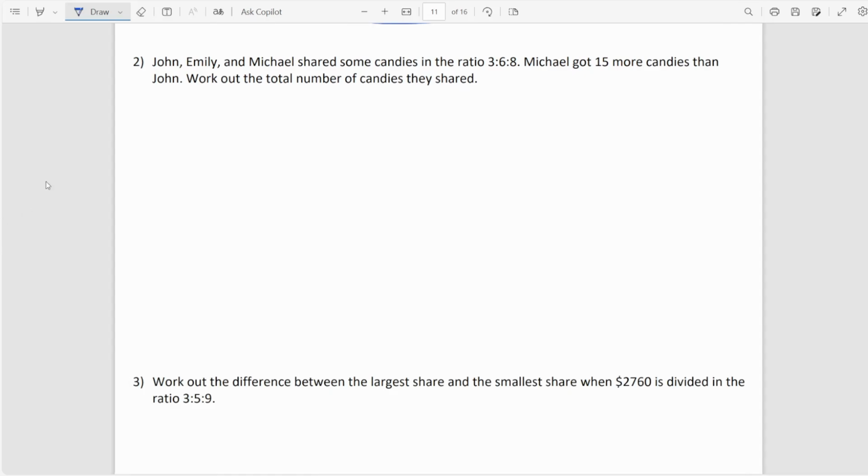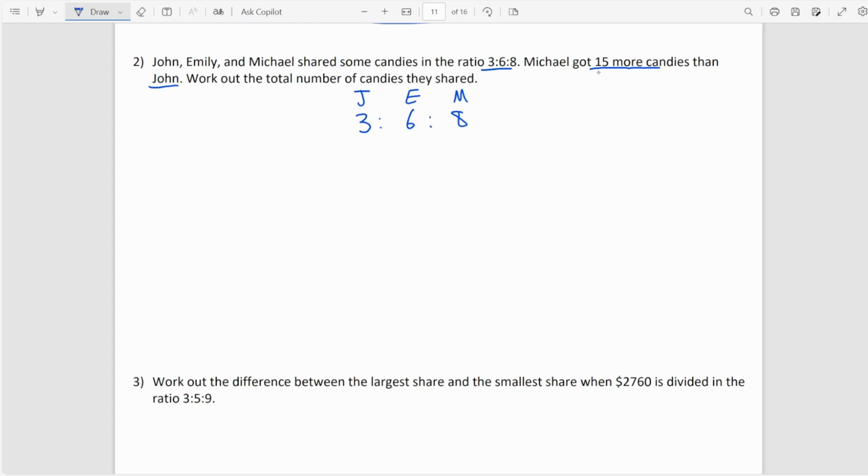John, Emily, and Michael shared some candies in the ratio 3, 6, and 8. So 3, 6, and 8 shared among John, Emily, and Michael. Michael got 15 more candies than John.